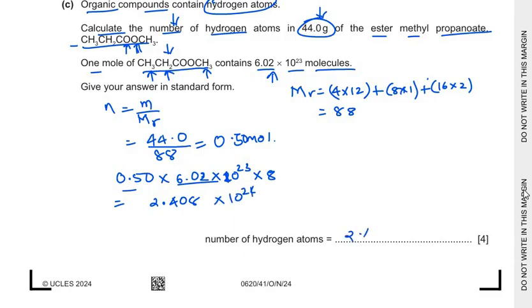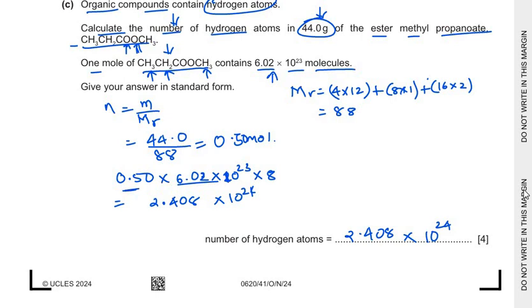So 2.408 × 10^24, we have written it to 3 decimal places. You can even write it to 3 significant figures also. In that case we'll end up with 2.41, but here I end up writing with 3 decimal places, that is 2.408 × 10^24. Now you understand, I hope.